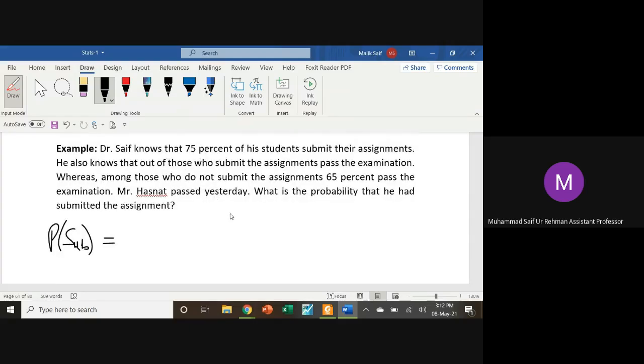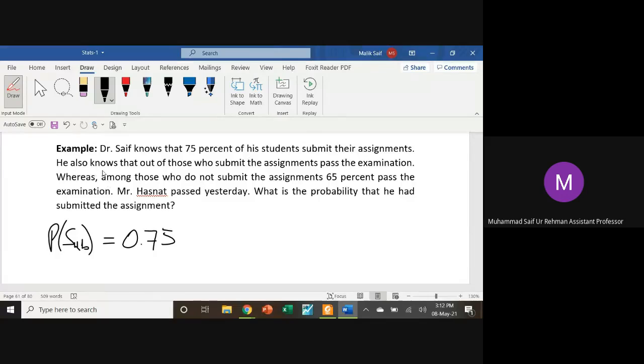So 75% means 0.75. 75% of people, that is students, submit the assignment. I have extracted this information from this sentence.